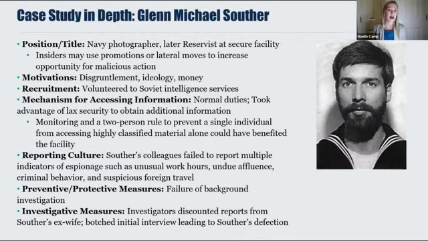The facility had no way to keep track of when individuals entered or exited the facility, allowing him to enter the building at night when no one else was around, and he could go into other colleagues' offices and seek out additional information. In this case, monitoring and a 2-person rule to prevent one individual from accessing highly classified material alone would likely have benefited the facility and limited the extent of Sutherland's espionage.